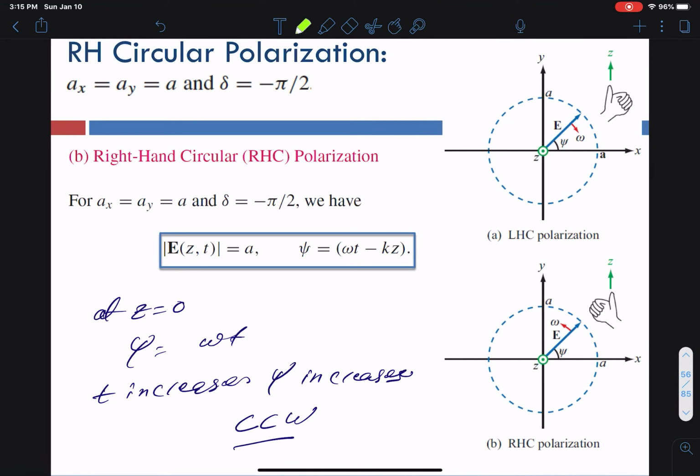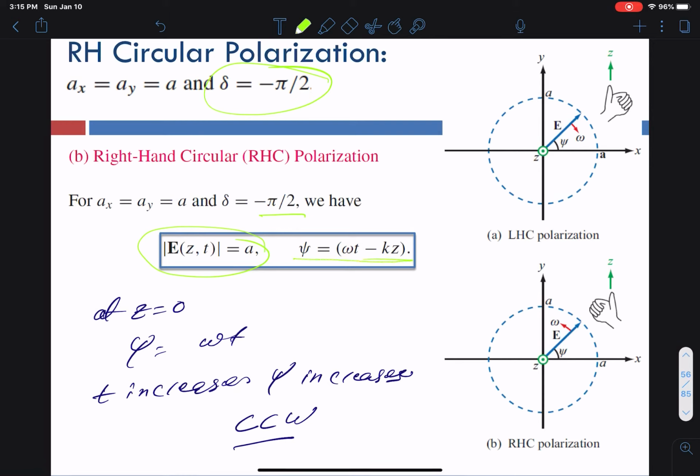Now if we do right hand polarization, what changes over here? Your angle. What is delta again? Delta is the phase angle shift between the x component and the y component. So it's negative pi over 2, or negative 90 degrees, and this is not changing, right? The magnitude is the same, but your inclination angle is now positive.